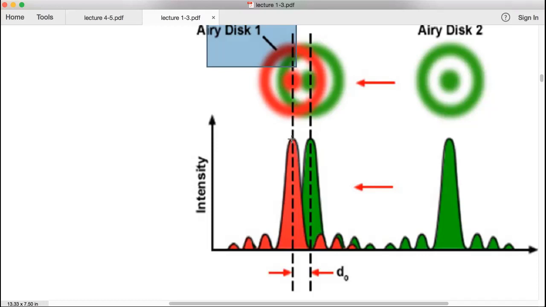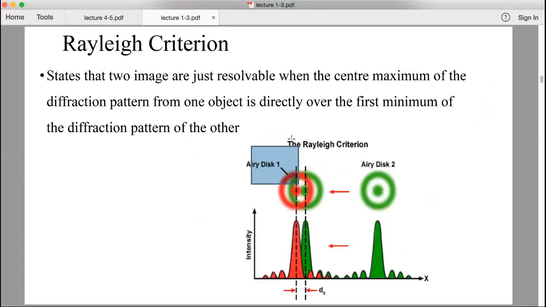If this condition is achieved, this is the resolution limit. At this point you will barely be able to see that there are two objects, not one, barely resolvable. So this is the Rayleigh criterion.